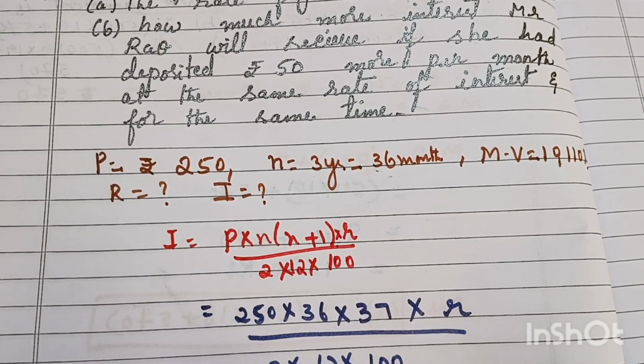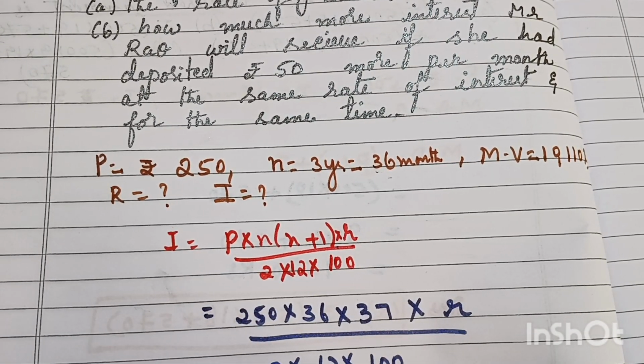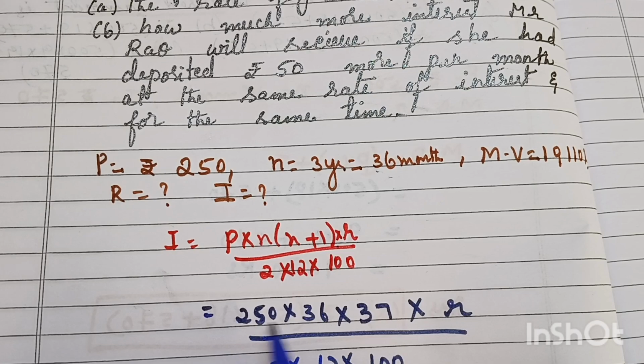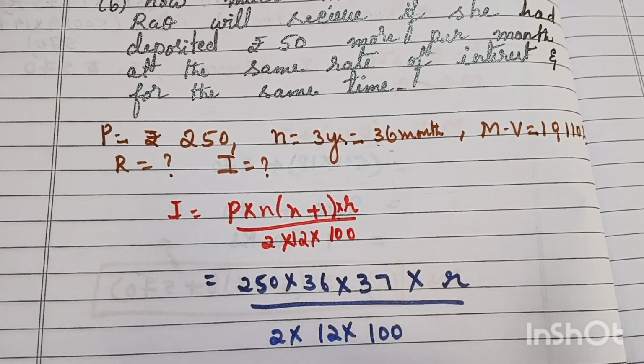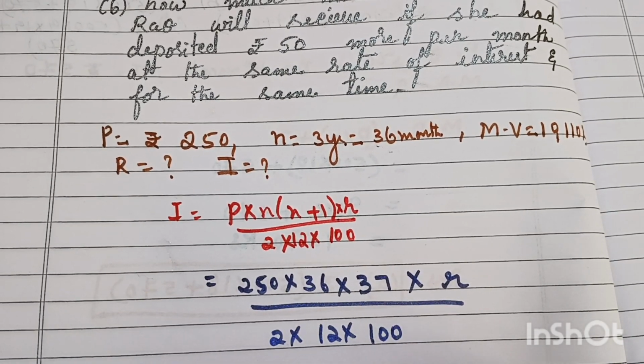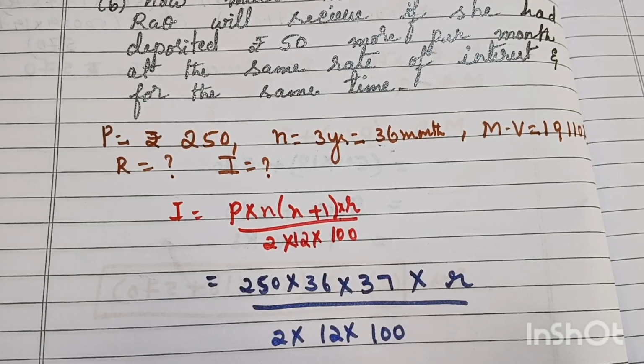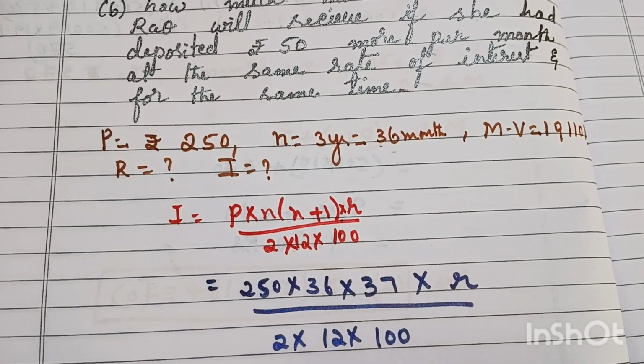250 into 36 is 9,000. 250 into 36 multiplied, we get 9,000, into 37 into r by 2 into 12 into 100.